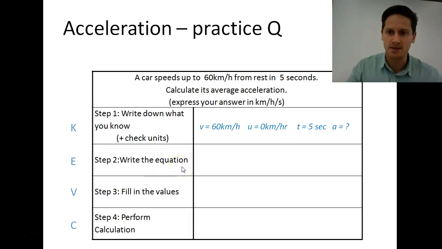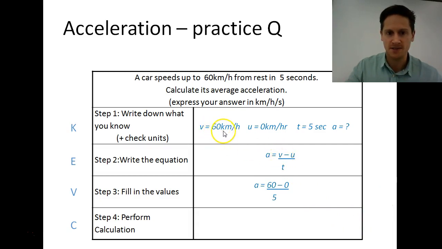So now we want to select the equation that we can use where A is at the start and we have the units V, U, and T. And it just so happens that equation is this one here. A equals V take U over T. So we write down our equation. The next part is to fill in the values. So that's just some simple substitution.